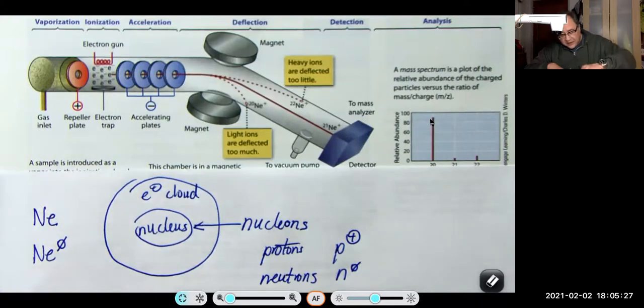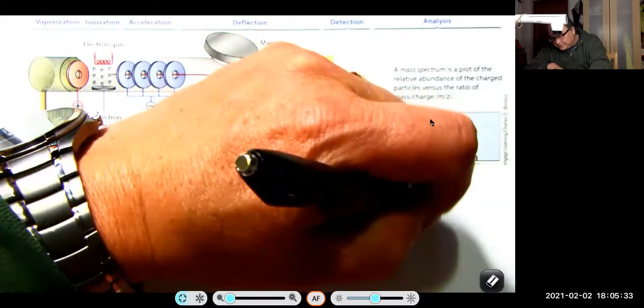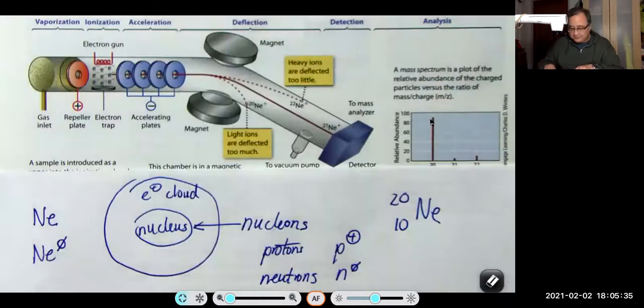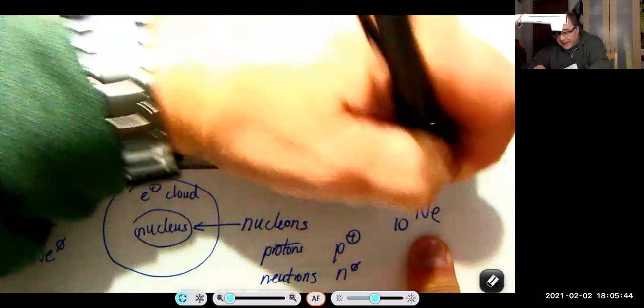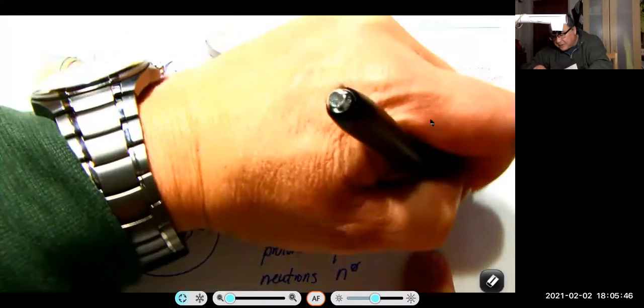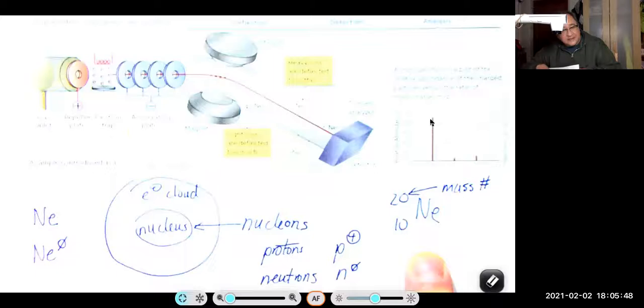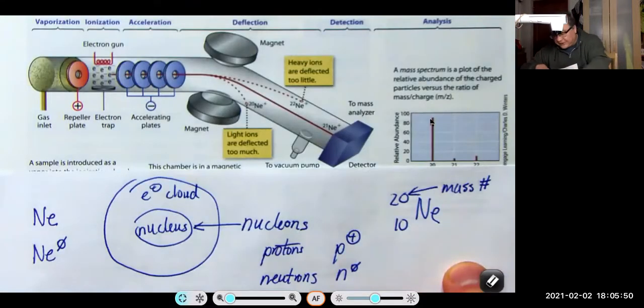Okay, if we look at one particular neon atom, we need to understand what all of these things mean. What does Ne mean? Well, it means neon. What does 20 mean? That's called the mass number, and it's equal to the number of nucleons.